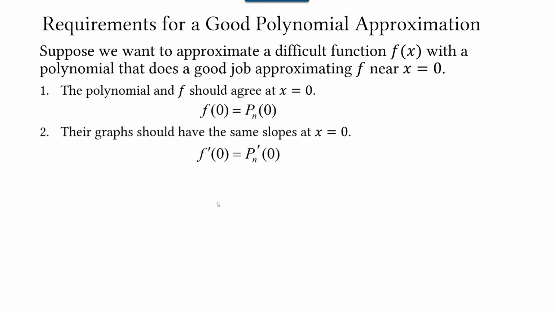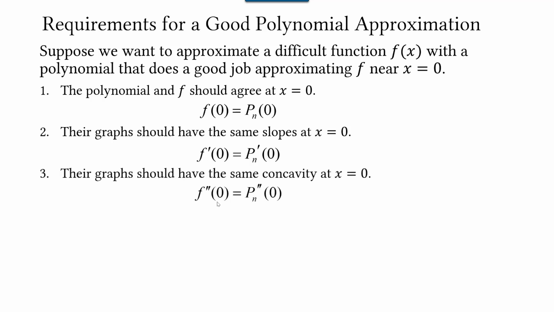Next up, we're going to require that the graphs of the polynomial and the function have the same slope at 0. Thirdly, we want the graphs for the original function and the polynomial to bend the same way at 0, in other words, to have the same concavity at 0.